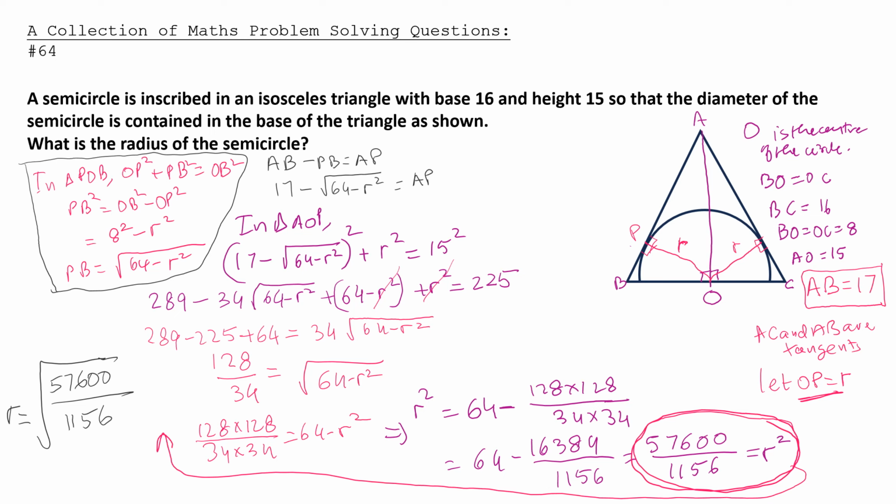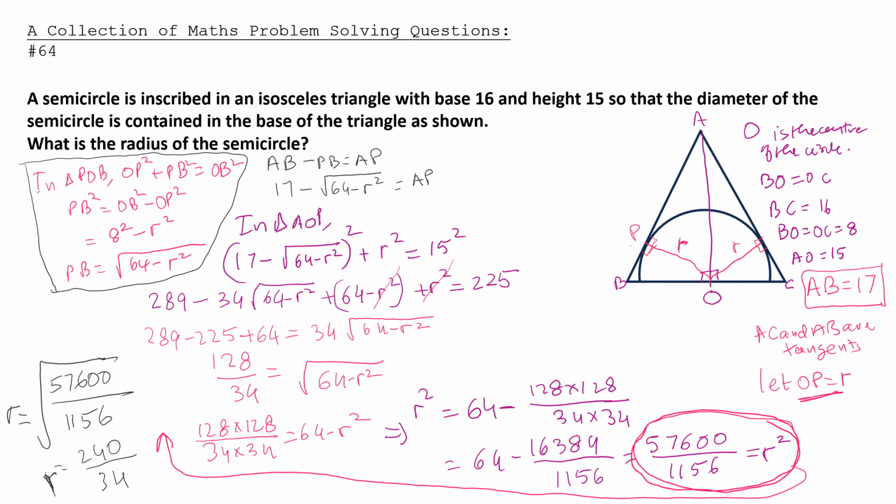The square root of 57600 is 240, and the square root of 1156 I think is 34. So r is 240 over 34.